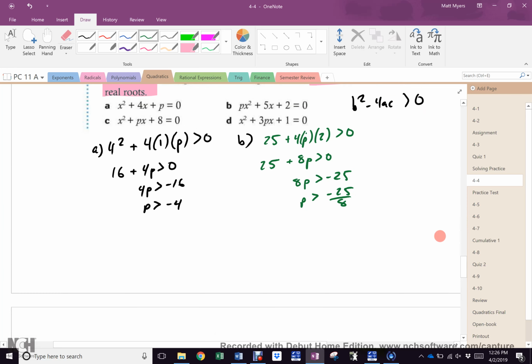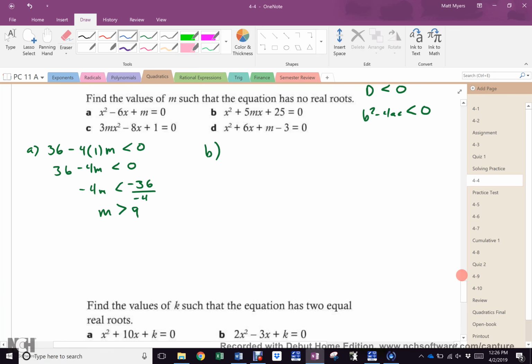Oh. I made both of these plus. Minus. So these guys had to change signs, because that's negative and that was negative. Okay.